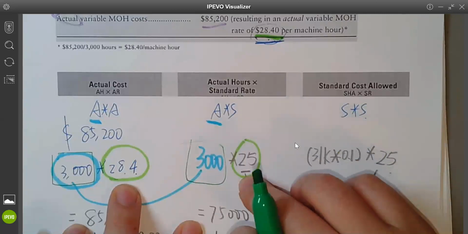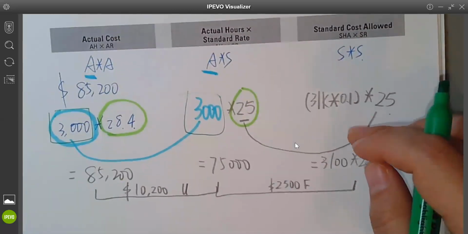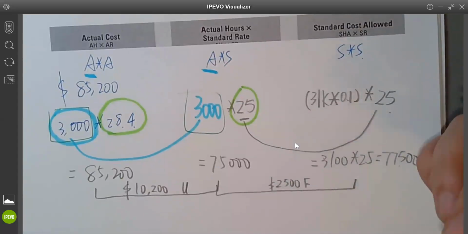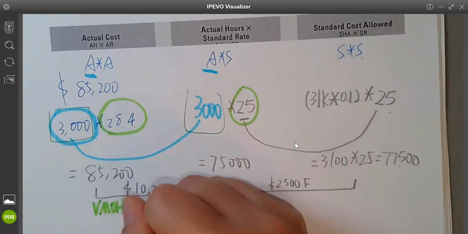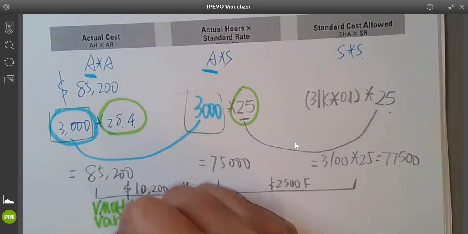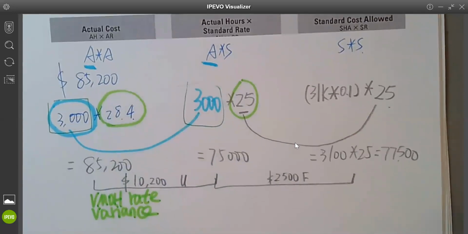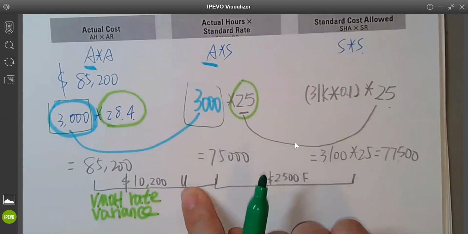We have this variance because of the different rate. So how do we name this variance? We call it variable manufacturing overhead rate variance. Rate variance. It makes sense, right? So it's unfavorable.